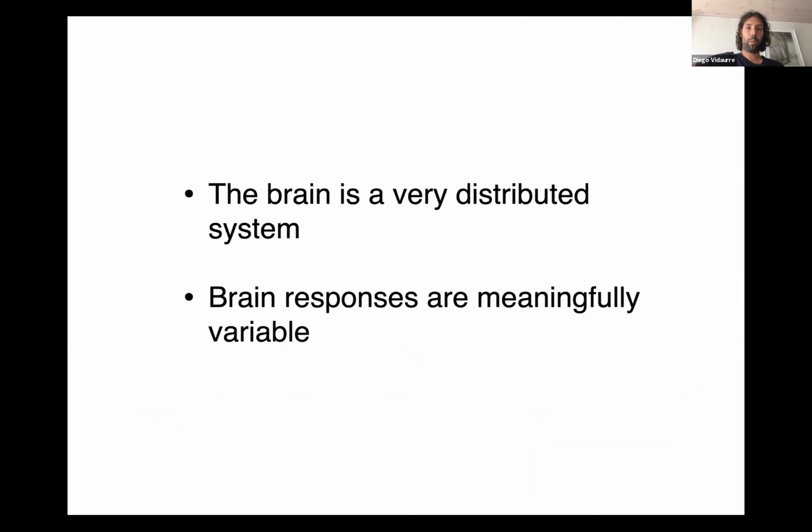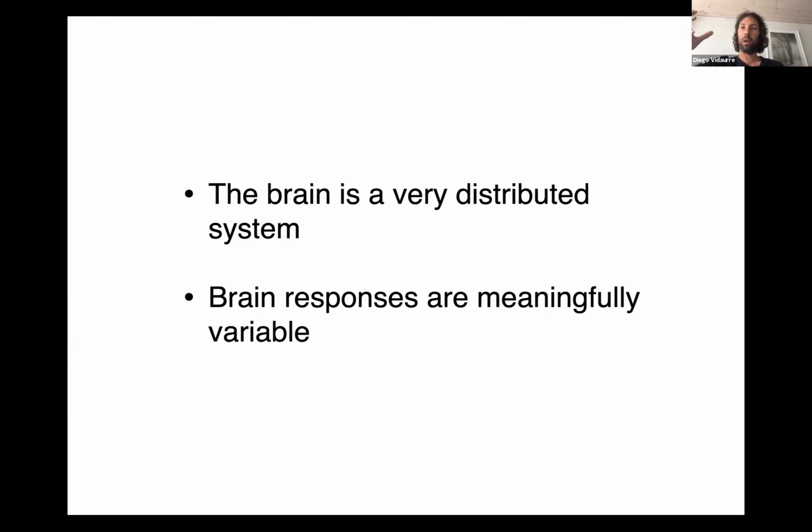In particular, when I've been developing methods for these things, there are two things that I wouldn't call beliefs, but a kind of way of thinking about the brain that are at the essence of these methods. One is that the brain is a very distributed system. That doesn't seem very controversial.